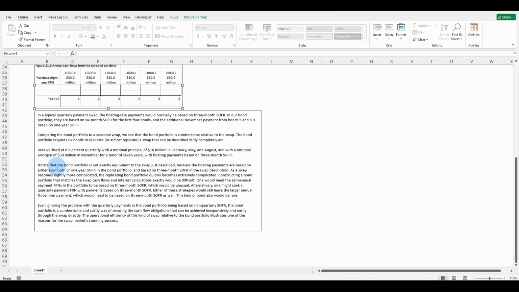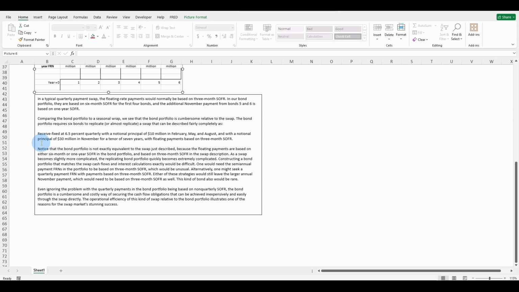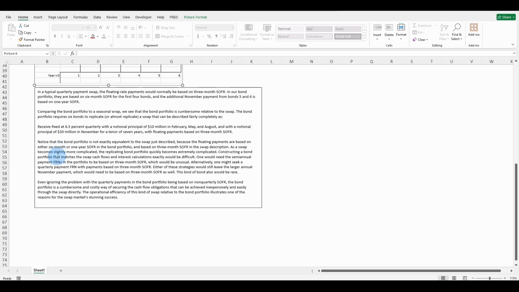Comparing the bond portfolio to a seasonal swap, we see that the bond portfolio is cumbersome relative to the swap. The bond portfolio requires 6 bonds to replicate or almost replicate a swap that can be described fairly completely as received fixed at 6.5% quarterly with a notional principal of $10 million in February, May, and August, and with a notional principal of $30 million in November, for a tenure of 7 years with floating payments based on 3-month SOFR.